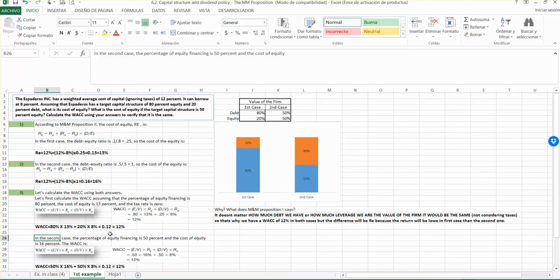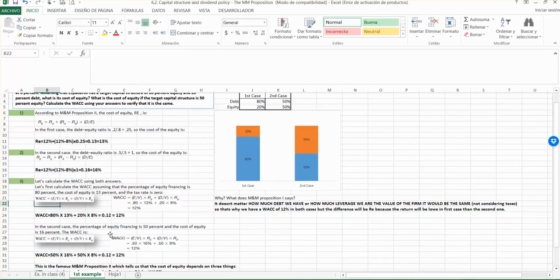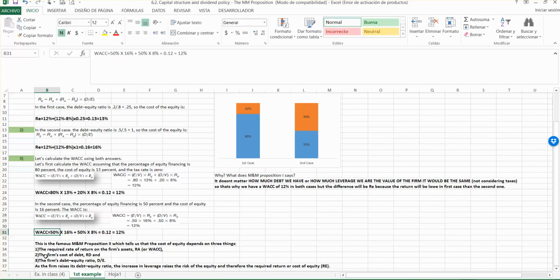So in the first case the WACC is 12%, and the second one is the same: 50% multiplied by 16% plus 50% multiplied by 8% equals 12%.